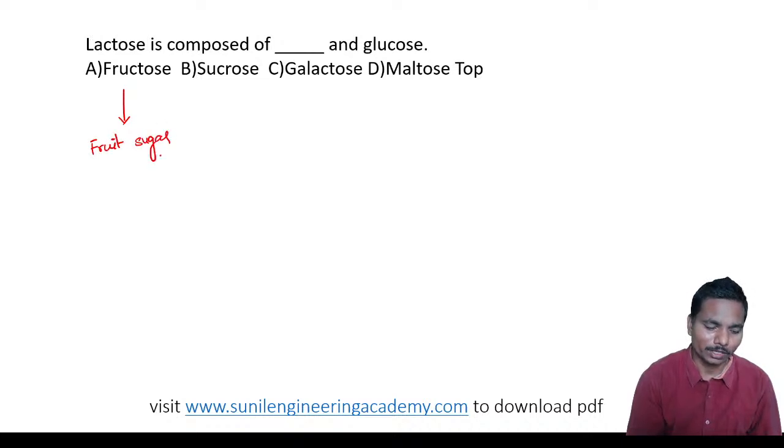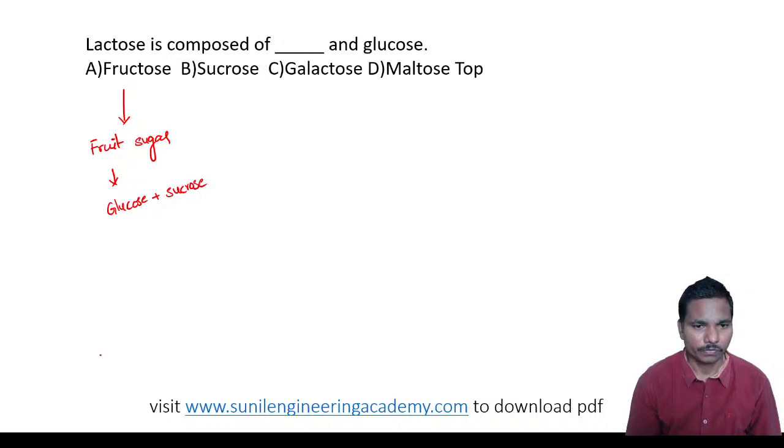And it generally combines one molecule of glucose with sucrose. Here sucrose is composed of glucose and fructose. Fructose is fruit sugar.